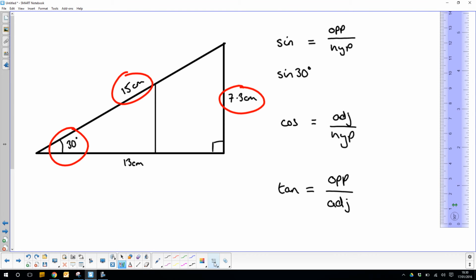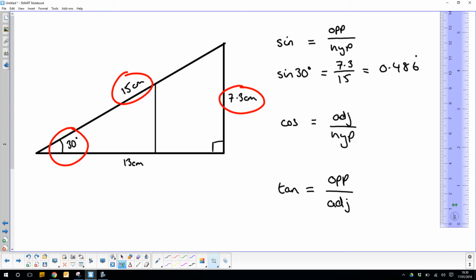We get 7.3 divided by 15, which is 0.486 recurring. So the 6 goes on forever. So that's from our diagram, sine 30.